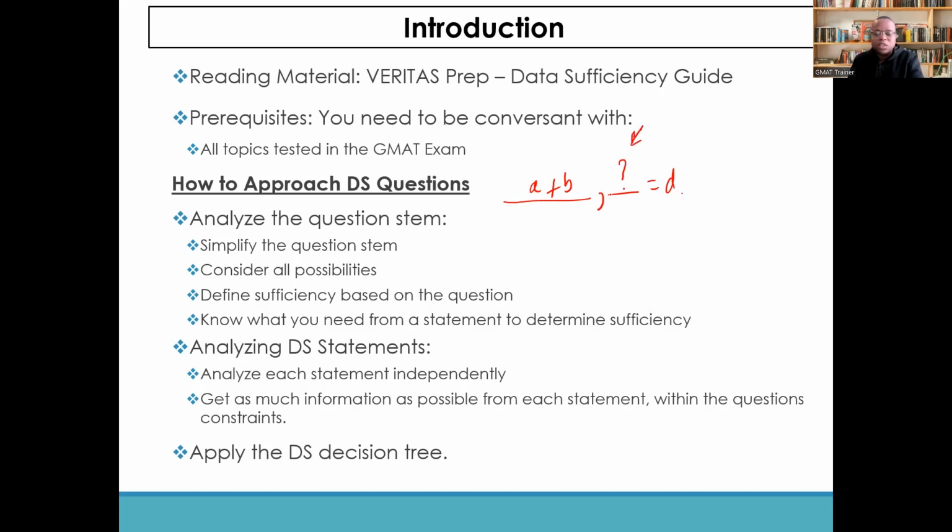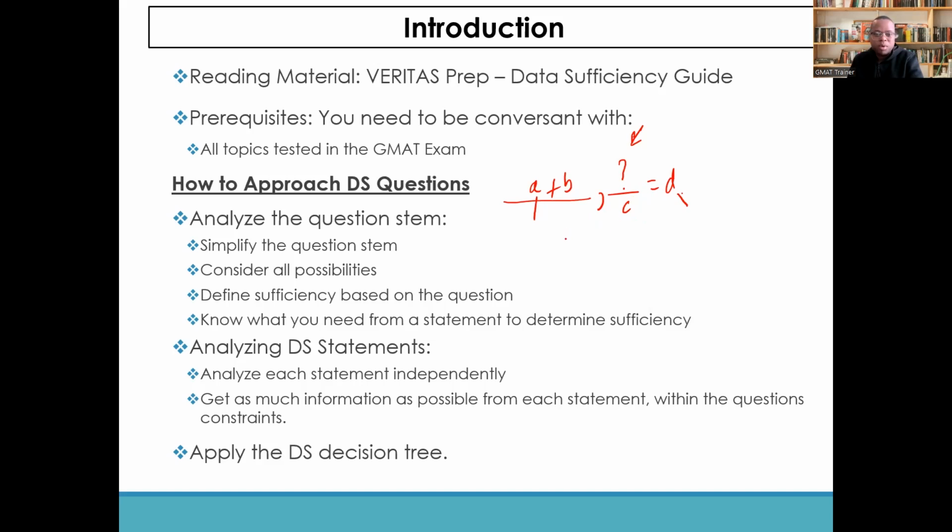If a statement only gives you A and D but doesn't tell you about C, then it is insufficient, because C is what you need to know. If from the statement you can't solve for C, then it's not sufficient. But if you can get a combination of information that addresses this C which has not been given, then yes, it will be sufficient.